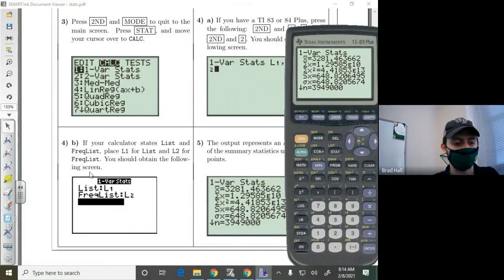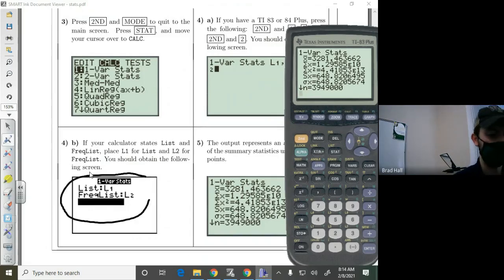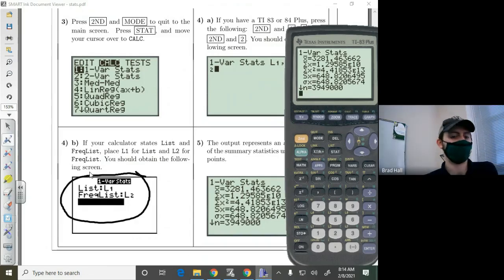And it needs to look just like this. So if you have a calculator that displays something like this, it should say L1 for list already. But under frequency list, you need to press second and just the number 2. And then you press enter until this stuff comes up.